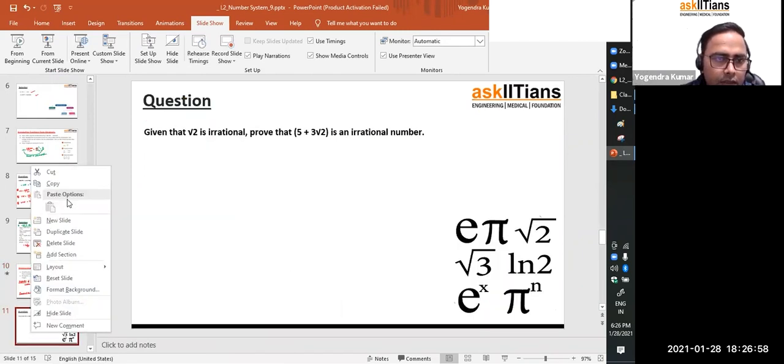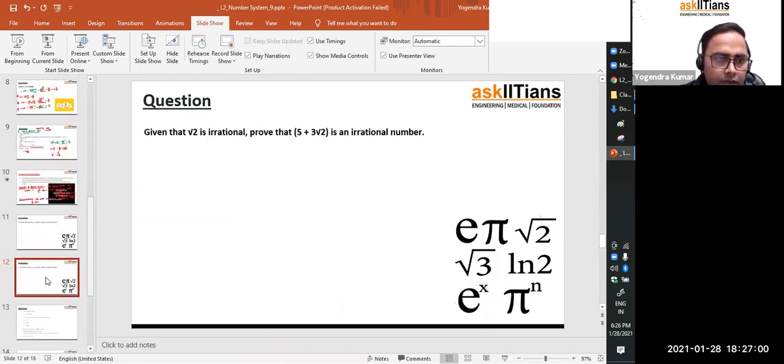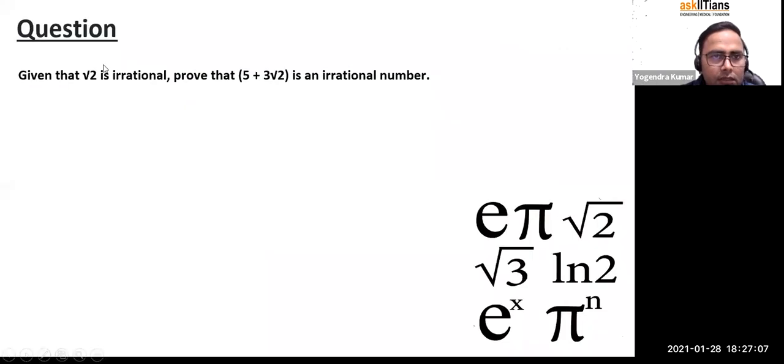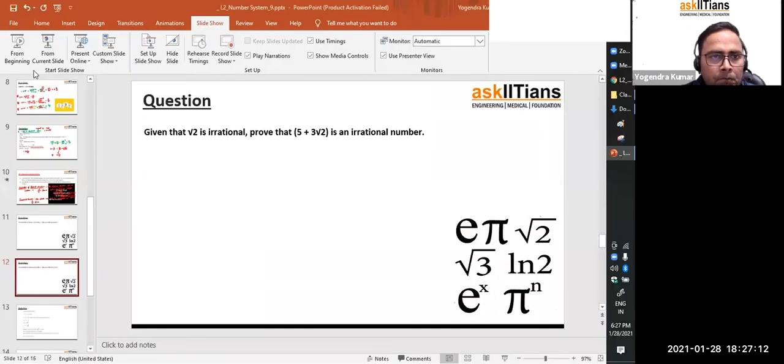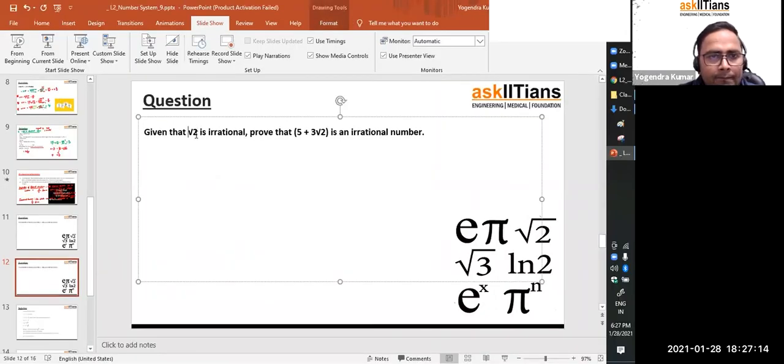Our first question, let me take the first question as: prove that root 2 is an irrational number. We'll come to this question also later on, but let me just take this first.